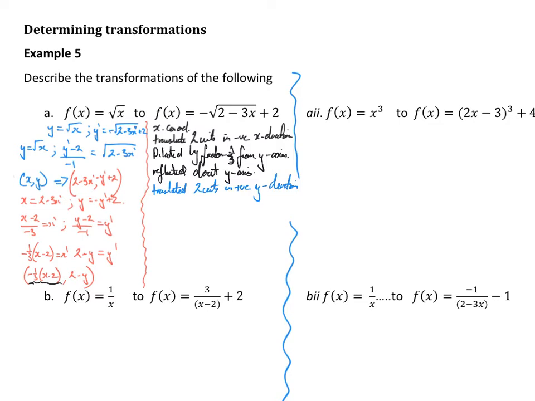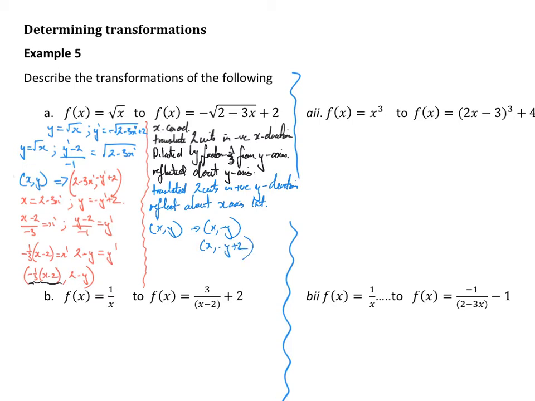Let's do that step second, because we've had to reflect about the x-axis first. So you have to do that first. In other words, we had xy reflected about the x-axis, it became x negative y, and then we've translated 2 units, which is the statement that we've got.